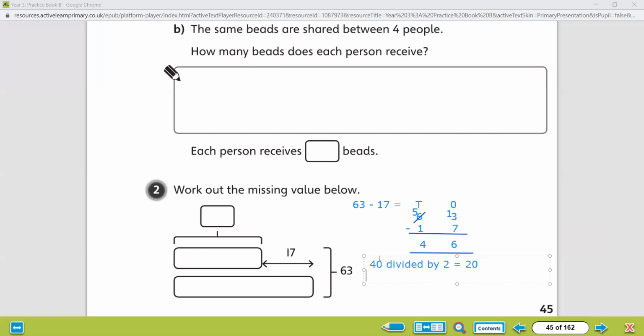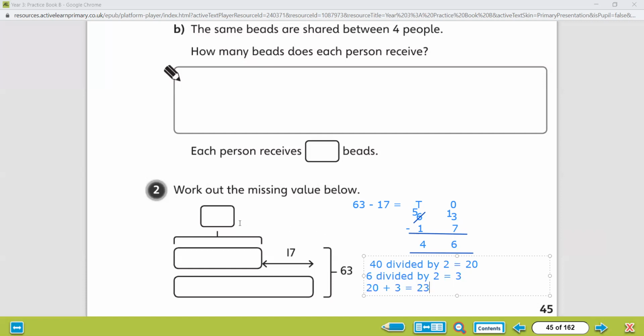Okay. 6 divided by 2 equals, so I'm going to count in 2s to 6: 2, 4, 6, and that makes 3. And then I add those two numbers together. 20 plus 3 equals 23.